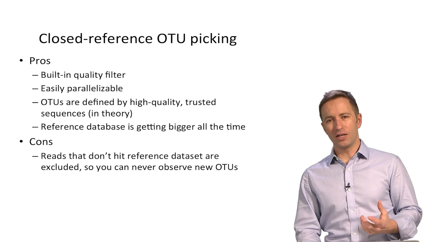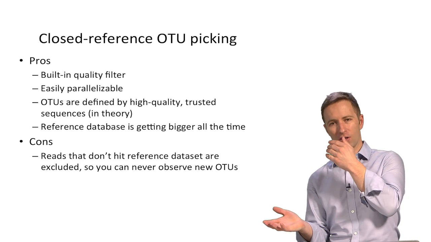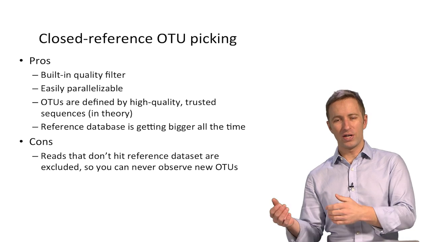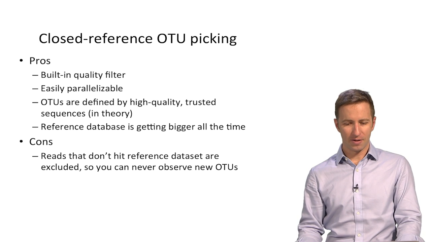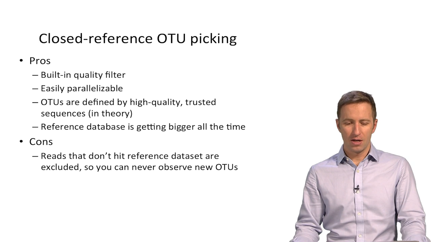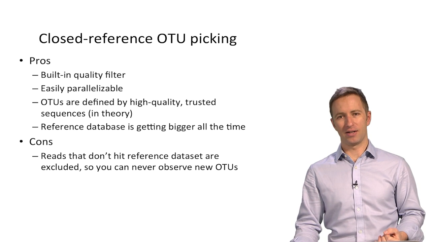If you're studying the human gut, there's no sense most of the time in doing de novo clustering on all of the sequences, because we can just compare them to a database of known sequences. And it's also really fast, it's really easy to parallelize. So this is actually what I do for most data sets that I'm analyzing.